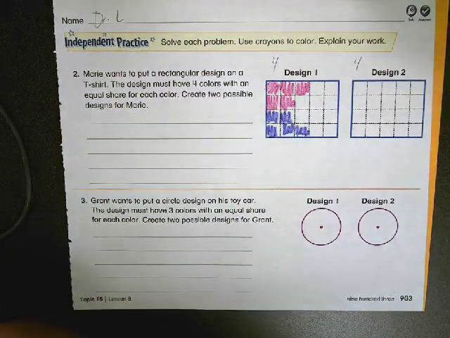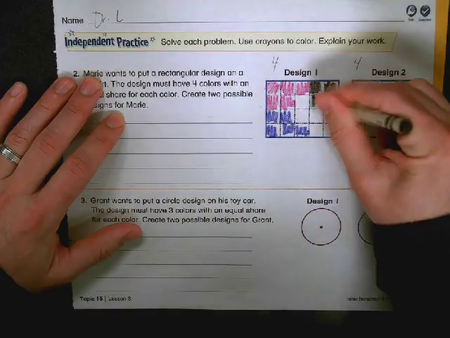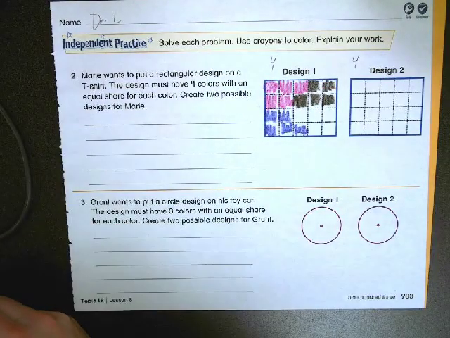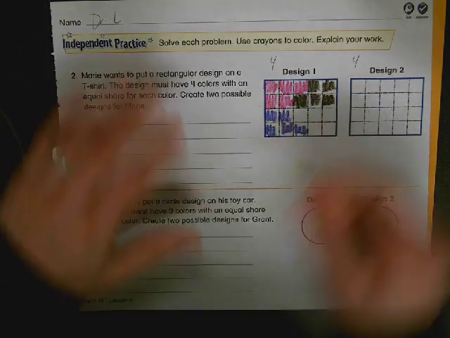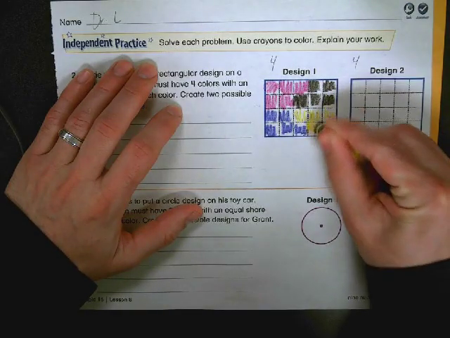I'll do a black. 1, 2, 3, 4, 5. And last but not least, I'll do yellow, something light. 1, 2, 3, 4, 5.